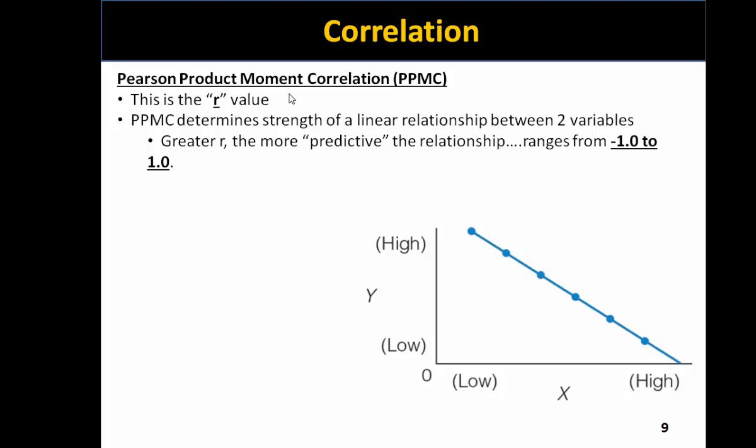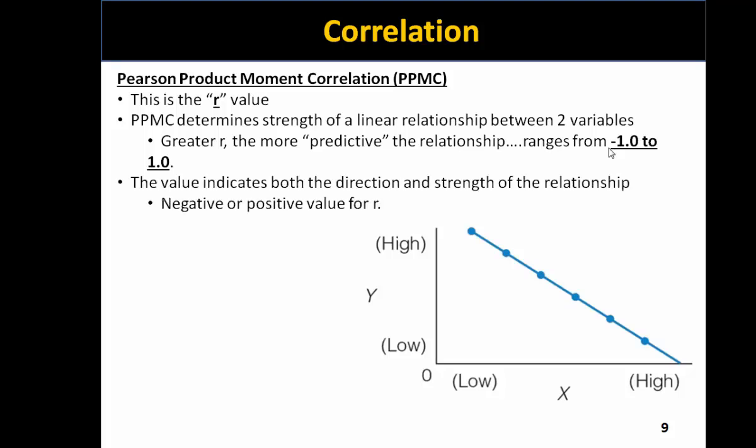So the Pearson product moment correlation does determine the strength of a linear relationship between two variables as we step through the computations. The greater the R, the more predictive the relationship, understanding that the maximum range is negative 1.0 to positive 1.0.